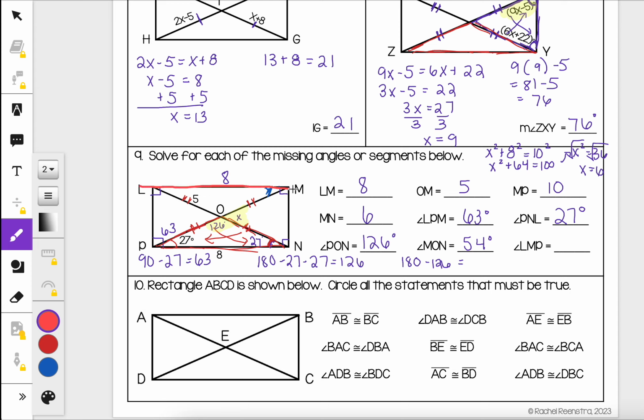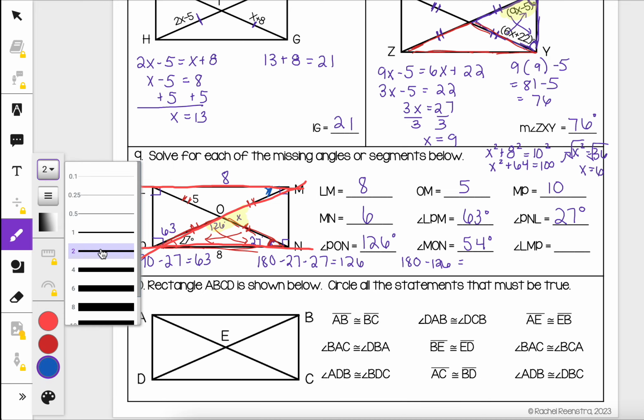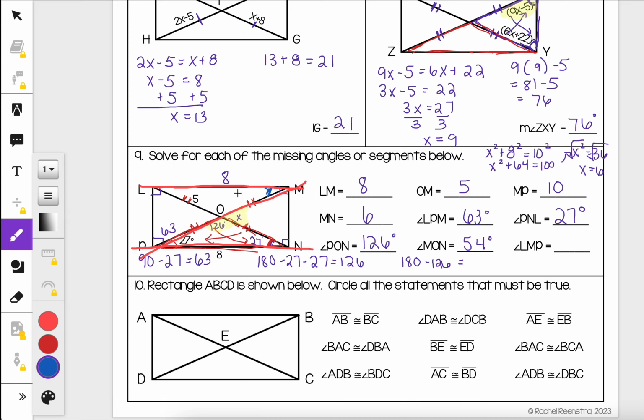I have my parallel lines and a transversal. So just like when I was doing parallelograms, I can also use alternate interior angles. So angle LMP is going to be an alternate interior angle to MPN, which we know is 27 degrees.